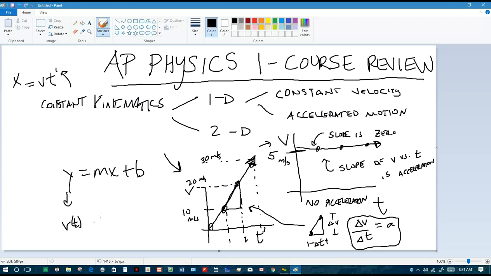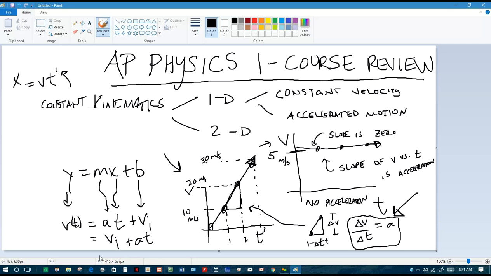On our y-axis is velocity. We're trying to find a formula that gives us velocity as a function of time. The slope of this graph is the acceleration, as we previously figured out. On our x-axis, as usual, is time. And in this case, the y-intercept is the initial velocity.